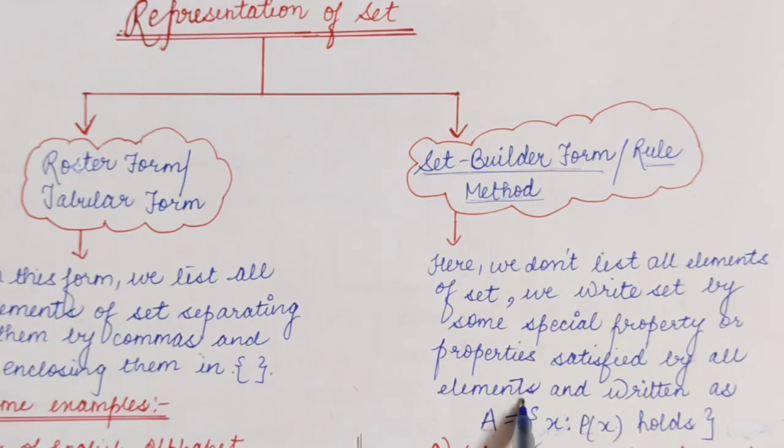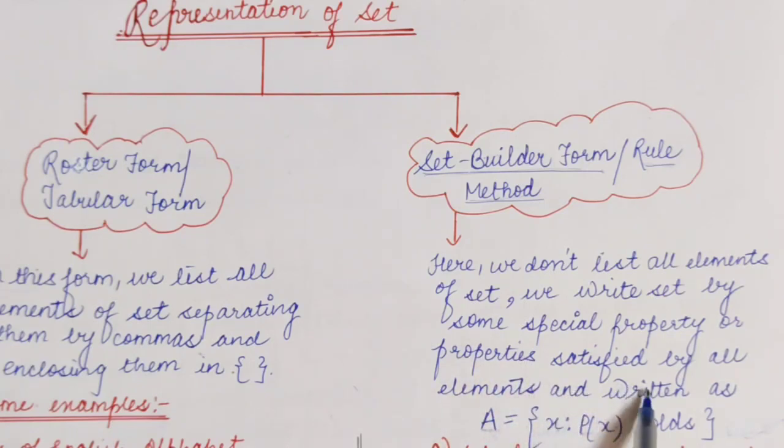So instead of writing all the elements in the curly brackets, we will only write the property which will be satisfied by all the elements. From that property it will be clear which elements are supposed to come here. Fine.